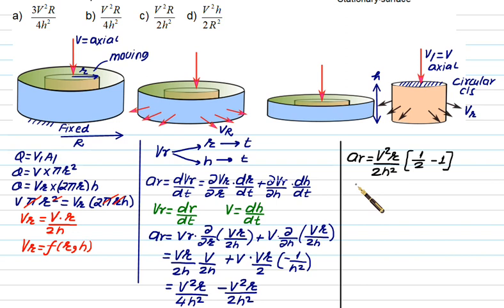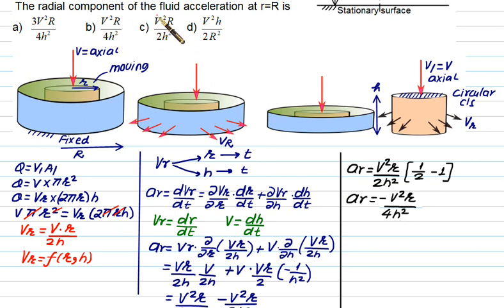So radial acceleration AR will be equal to negative V square into R divided by 4h square. What we are interested in is the radial component of acceleration at R equal to capital R. So at R equal to capital R, the radial acceleration A suffix capital R will be equal to minus V square into capital R divided by 4h square. So our choice B is correct, that is V square R by 4h square.